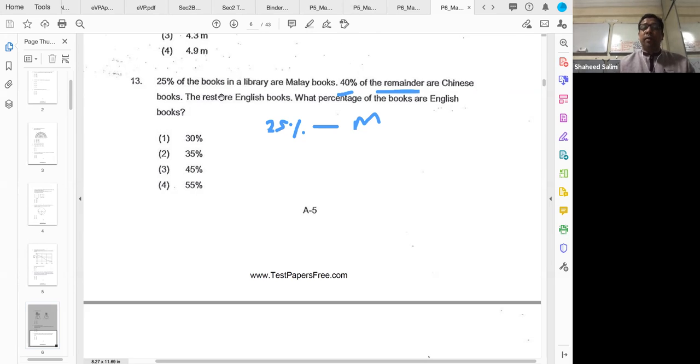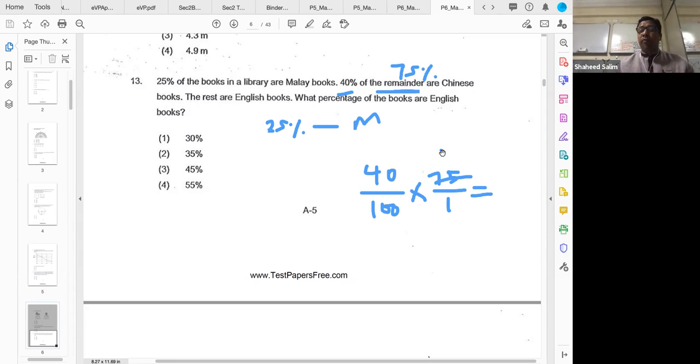If in the beginning 25% are Malay books, the remainder is 100 minus 25, which is 75. So you find 40 over 100 times 75. This is to find the percentage of Chinese books. 75 is of the remainder of the total books. This is how we find out.